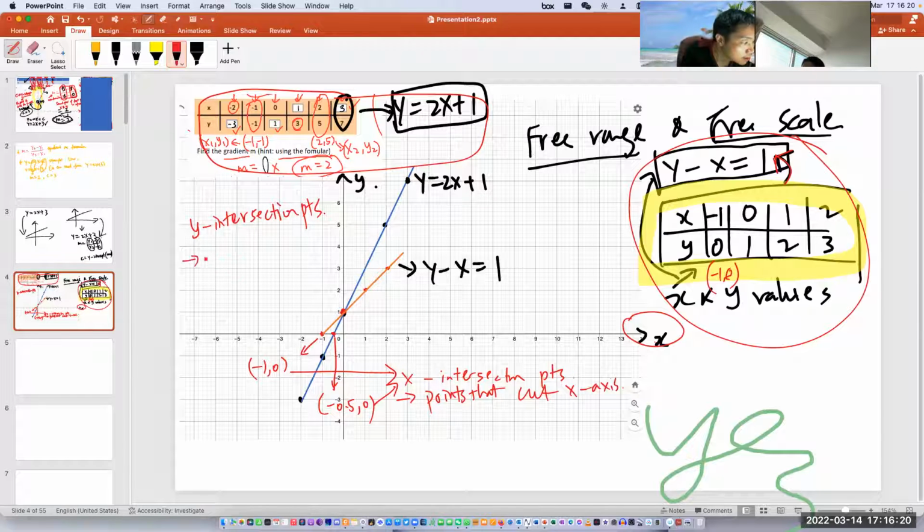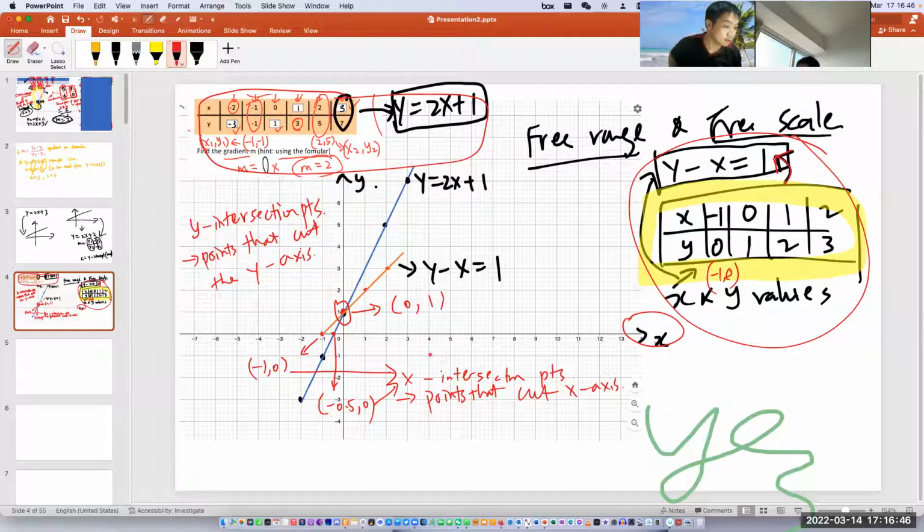The meaning of it is the point that cuts the y-axis. I see just this one point only, because they both cut at this point. So this point is what? This point is 0, 1.